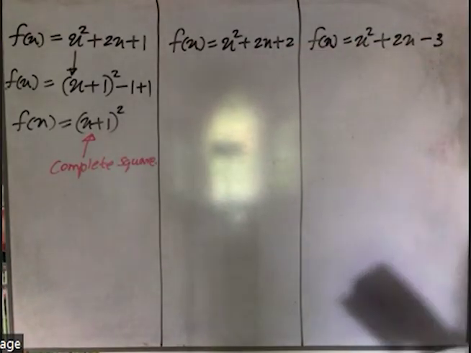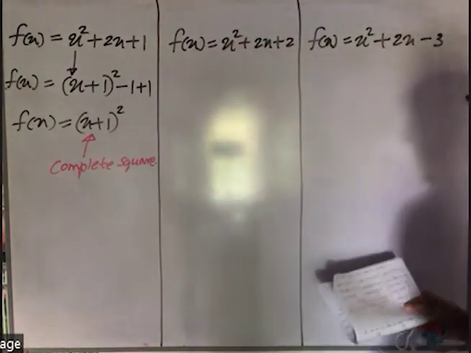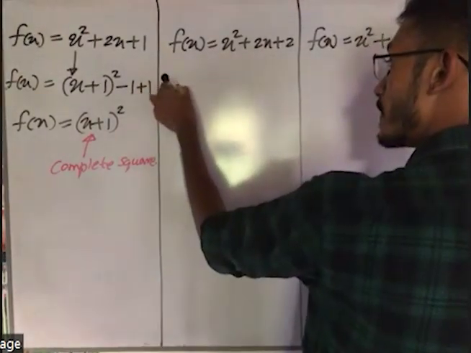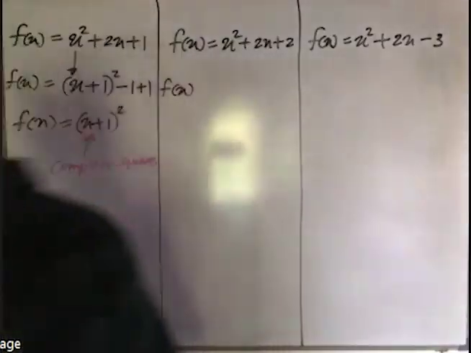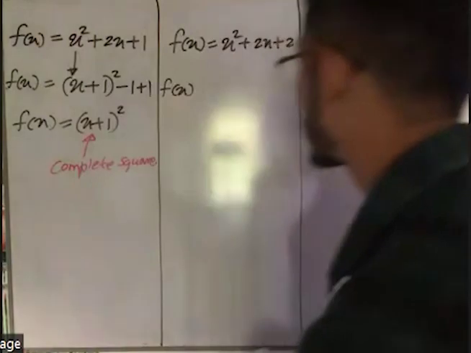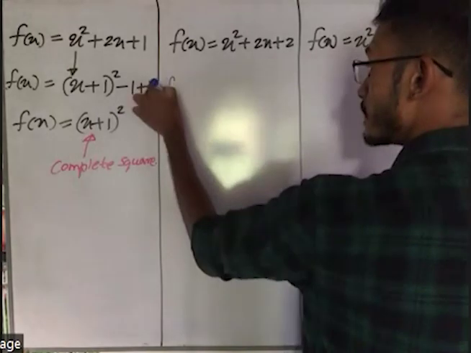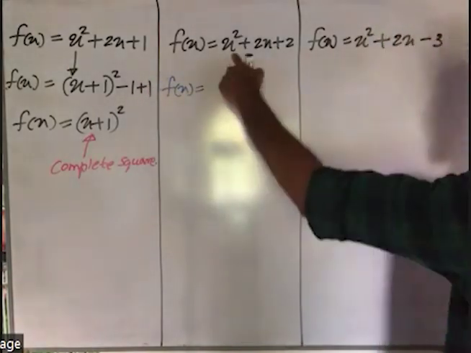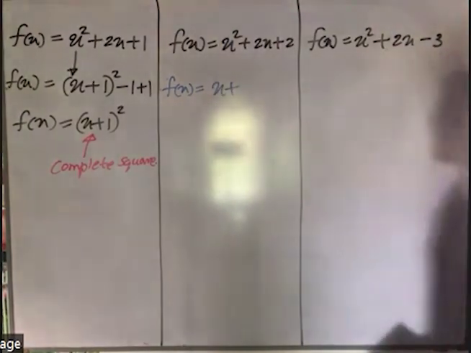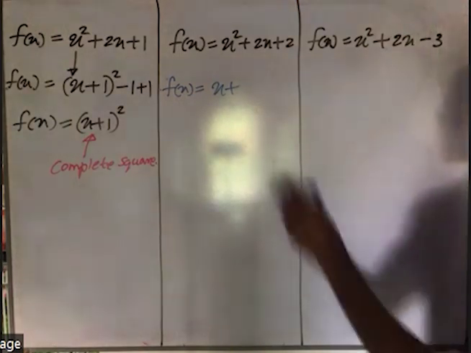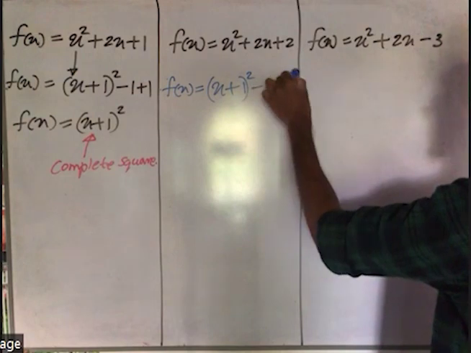Same way we can use this method to simplify these two functions. Now f(x) equal to, I will simplify this using the same technique. Here we take x, divide the coefficient by 2, 1, take this square minus the square of this constant 1, plus 2.